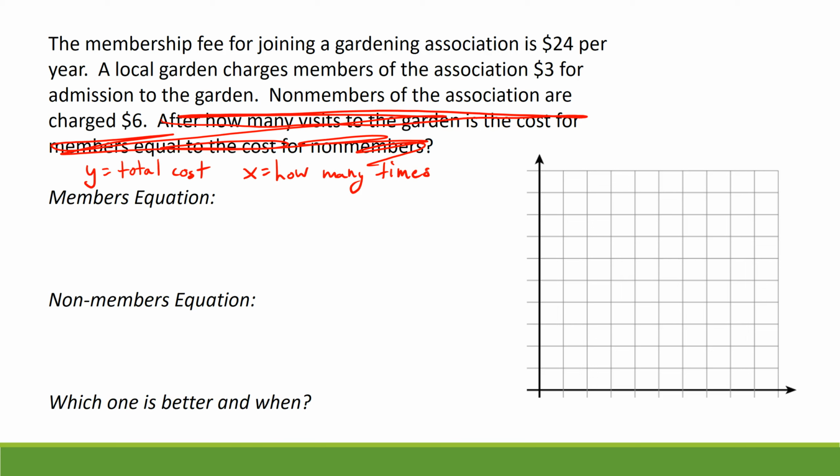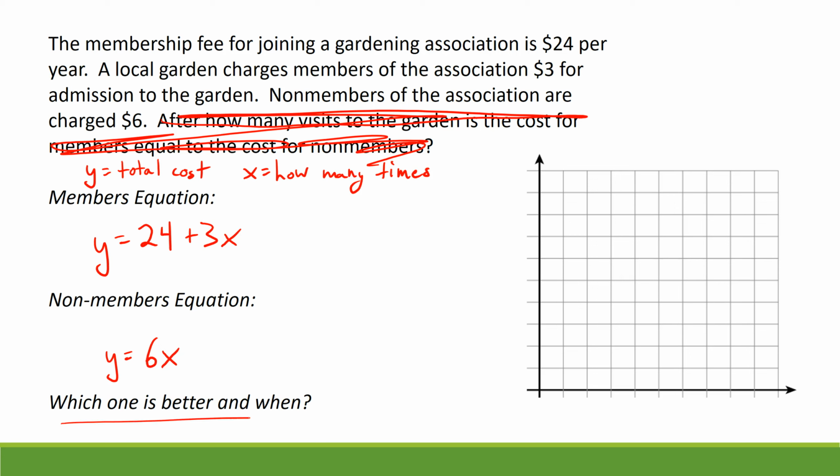Now, members, their total cost, their y, they have to pay this $24 right away, but then every time they visit, they only pay $3. So I have 3x, $3 per time, plus that $24 initial fee. Non-members are going to pay just $6 per time. They don't pay an initial fee. And I'm actually going to do the non-members in blue, but I'll change my color once we get there.